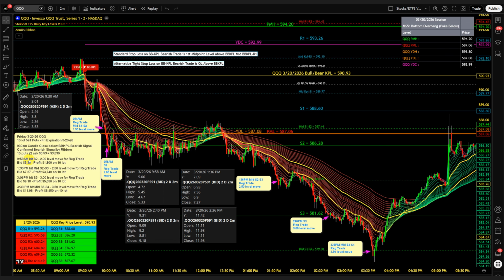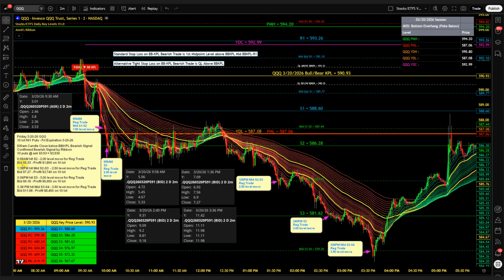On this 9:58 a.m. hit, we have the bid on the close of $5.33. As you can see in this particular case, it did wick through it, but it did close right at the level.